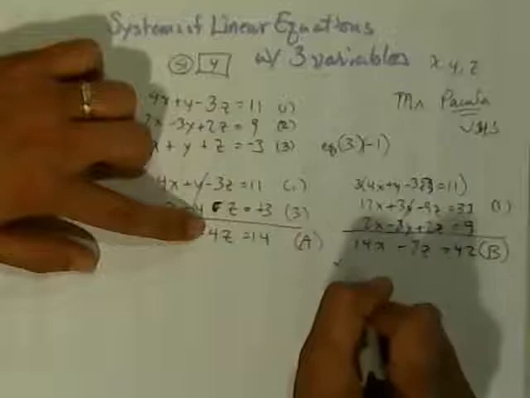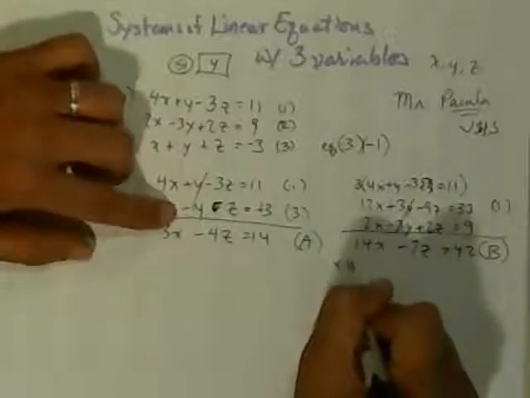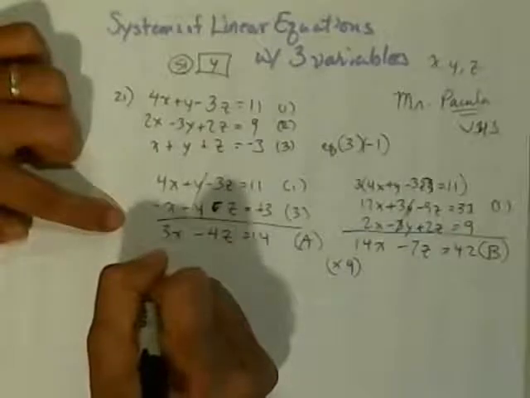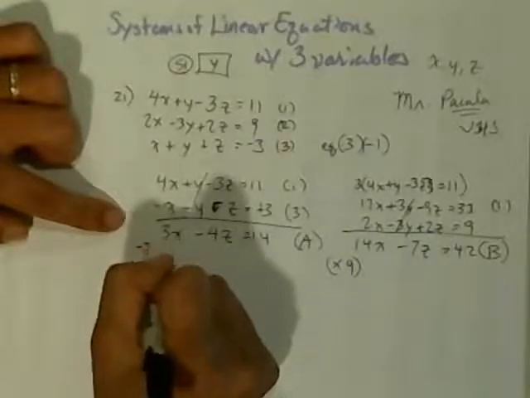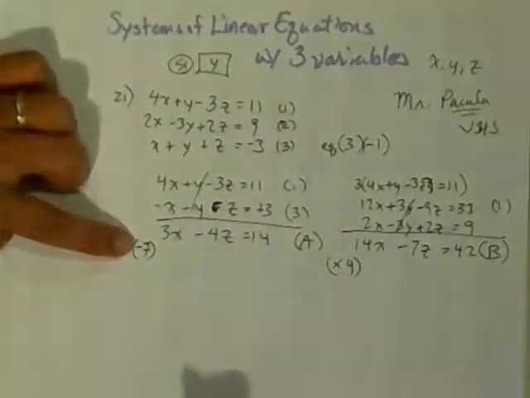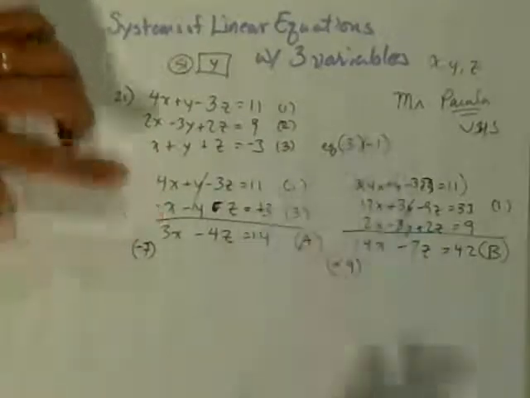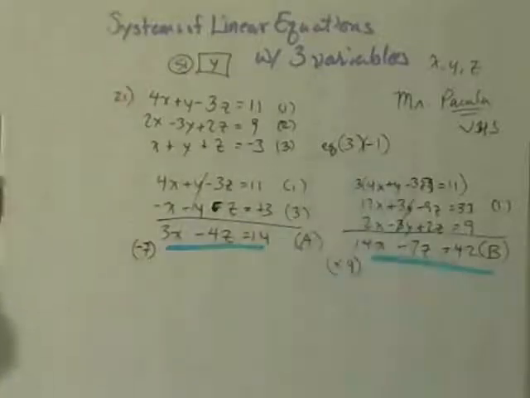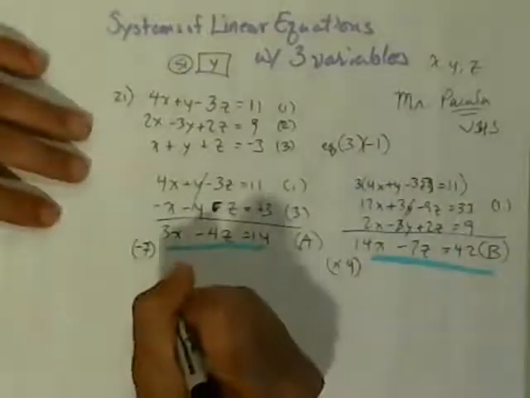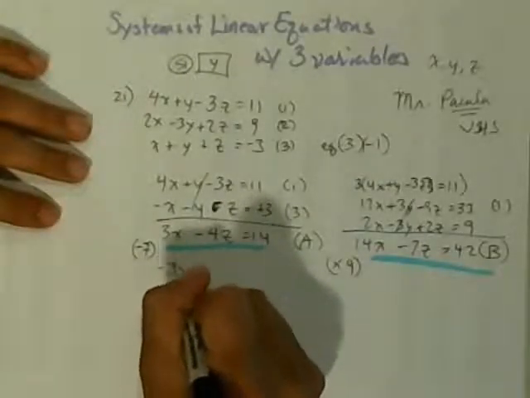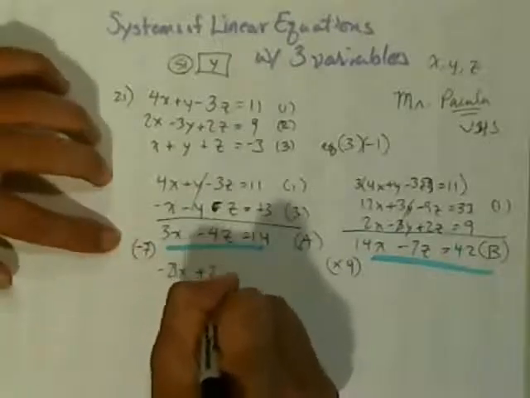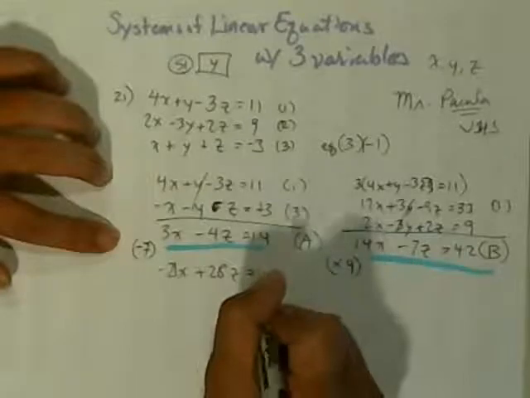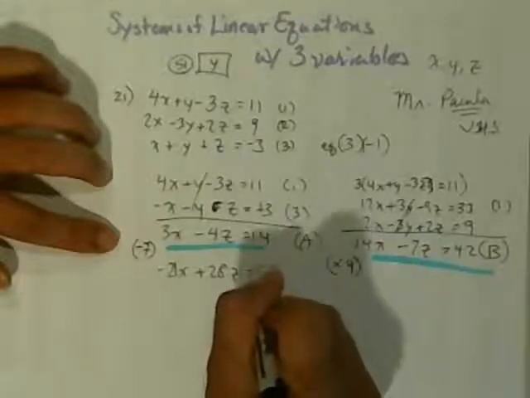Multiply this by 4. Multiply this by negative 7, that is. So let's rewrite our equation. Negative 21x plus 28z is equal to 7 times 14, that's 98, negative.